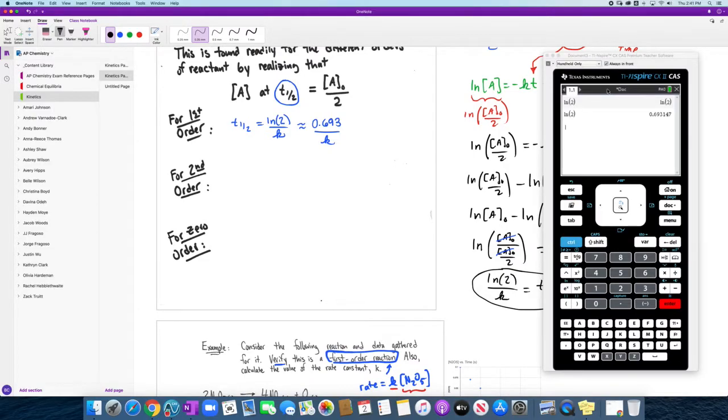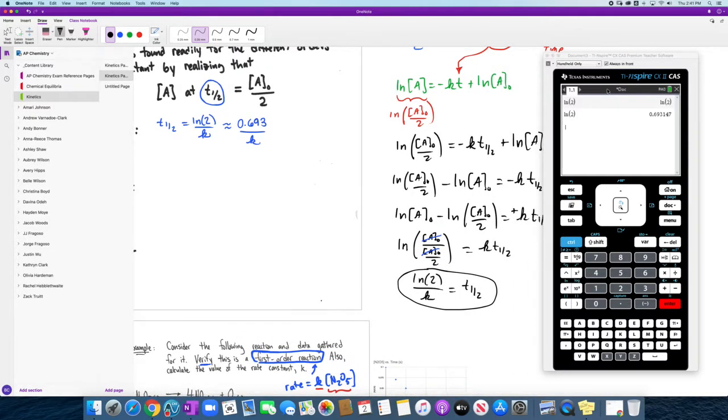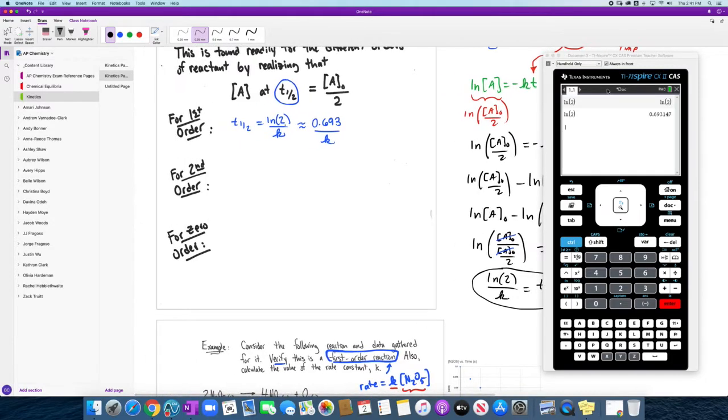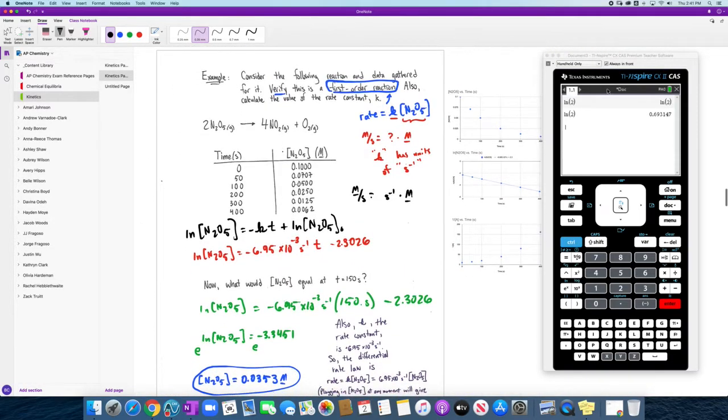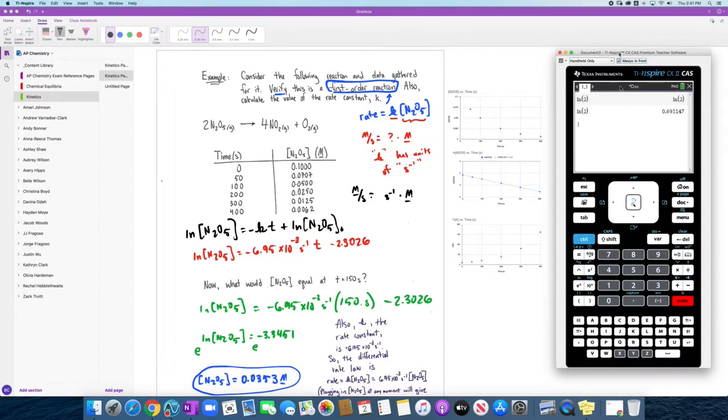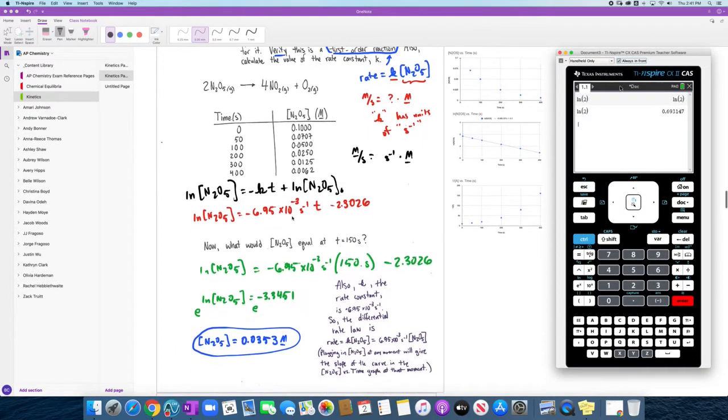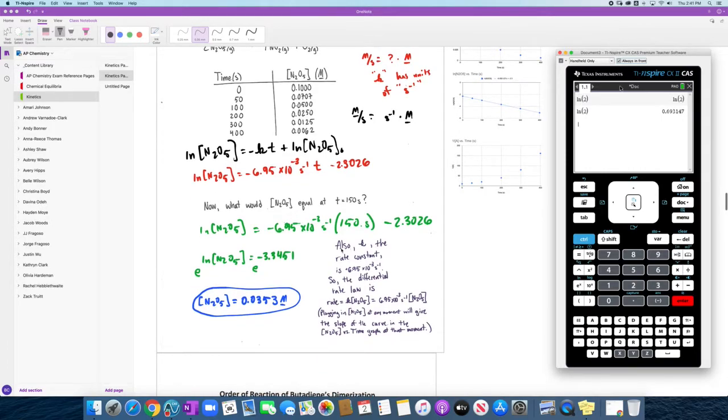Okay, let me just give you an example of this first order half-life thing. In the reaction that we looked at a couple days ago, we found that this was a first order reaction. I've also written in another little comment here that you might want to pause the video and write this down.